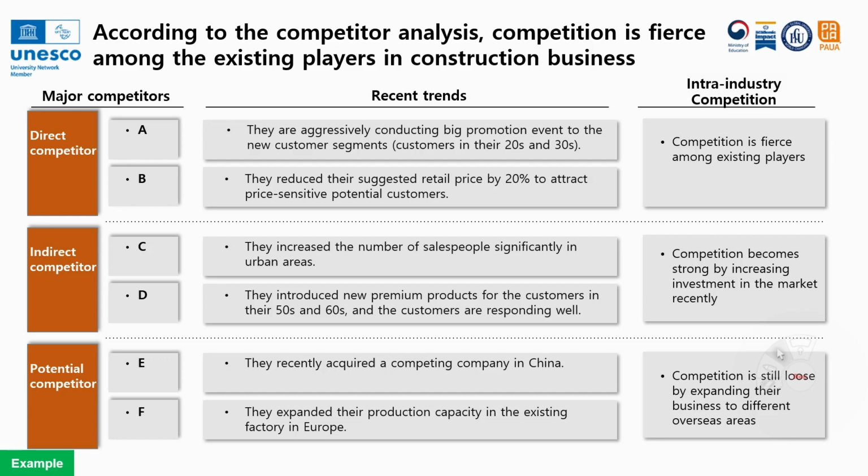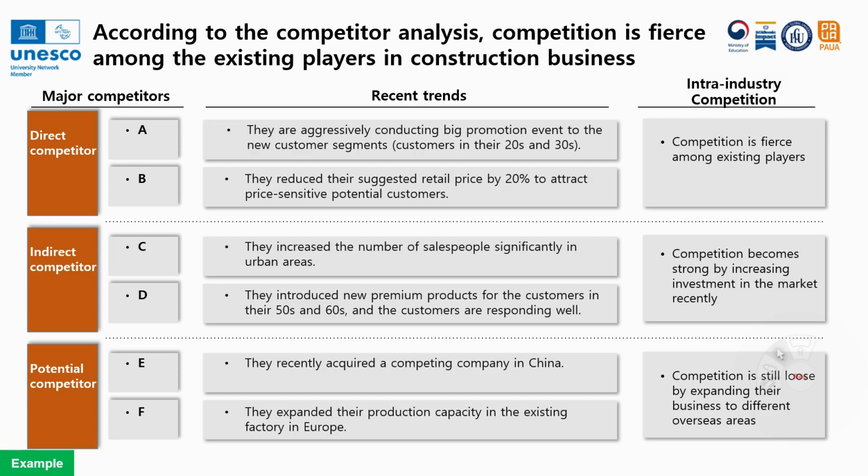According to our analysis, we have to be very cautious because company C was increasing the number of salespeople, so they are aggressively increasing their investment in their business, especially targeting the urban areas. So the competition in the urban areas will be stronger.